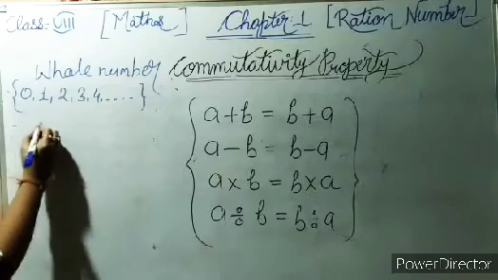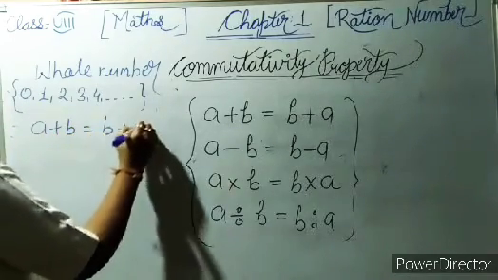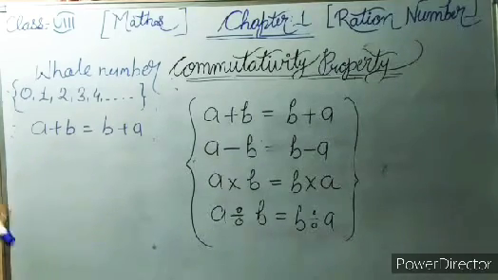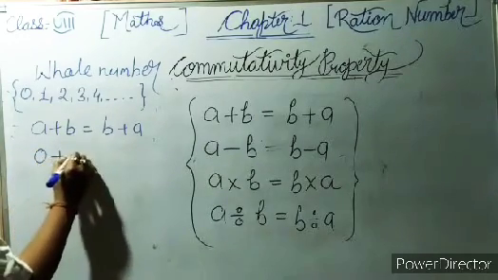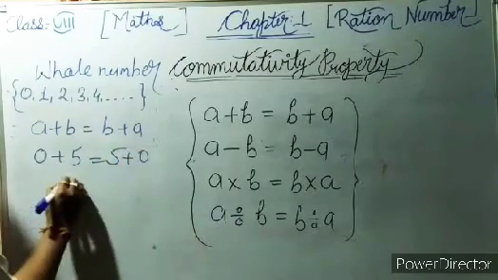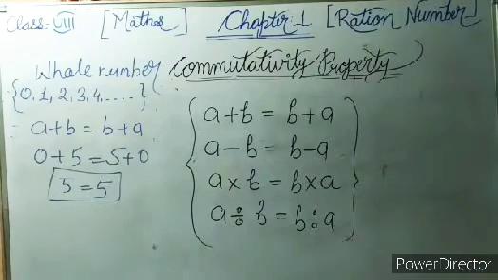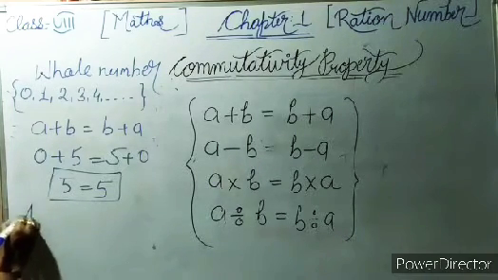You see, if we add both numbers, we will get the same number. What is your thinking? Yes, we will get the same number. If we add 0 plus 5 or 5 plus 0, or if we change the order, it will not change our answer.